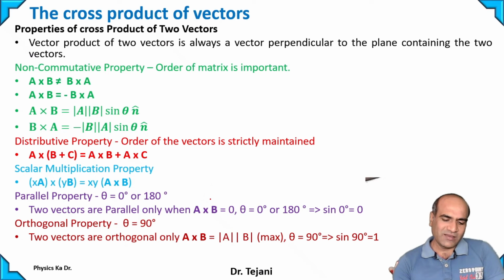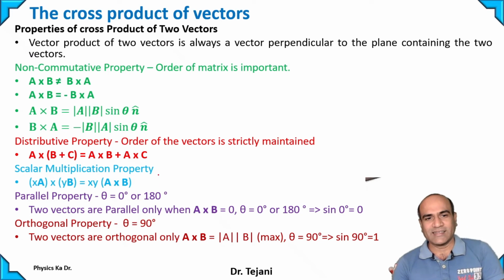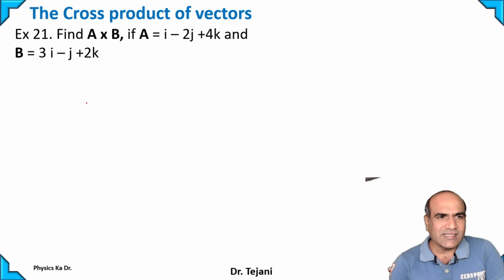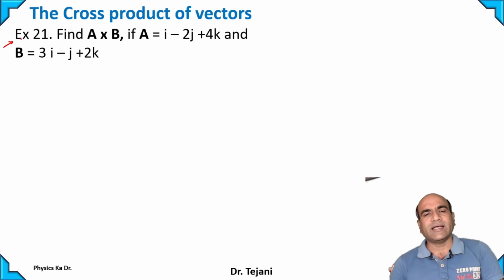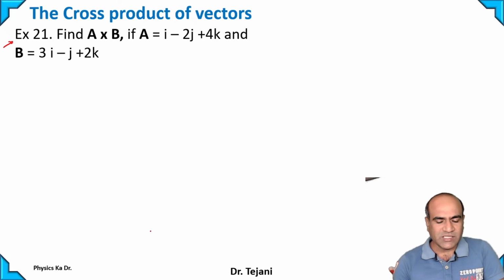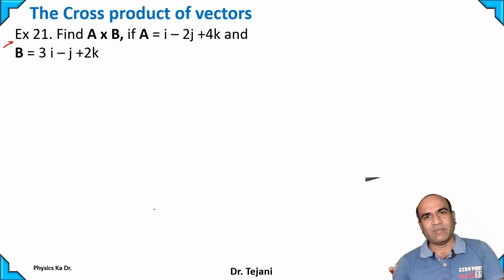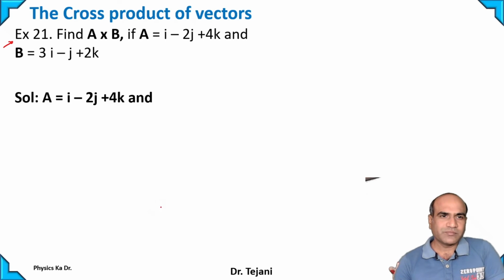But stay with me, we will not lose any mark. Now let us have a few examples. Solving various examples is the best method to crack this kind of examination, to understand a particular topic.